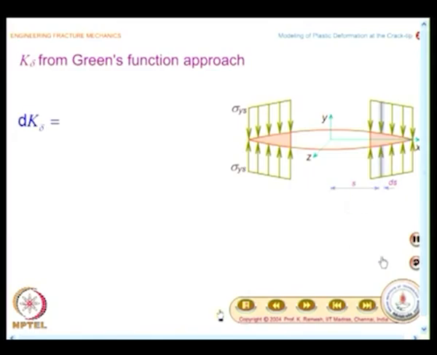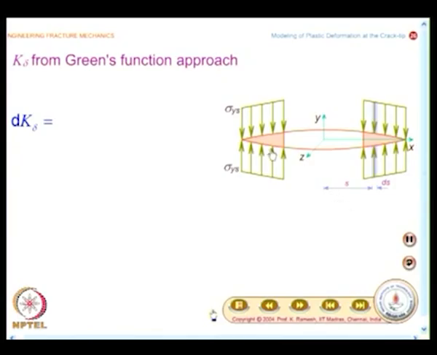So, I can take a distance s from the center of the crack and look at an incremental distance ds. Please make a neat sketch of this graph. The crack loaded with stresses. I can also look at simultaneously on the negative x axis at distance s another strip of load, and what we are going to write is dk delta.